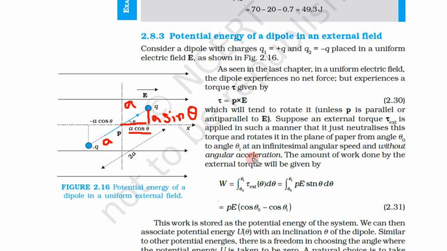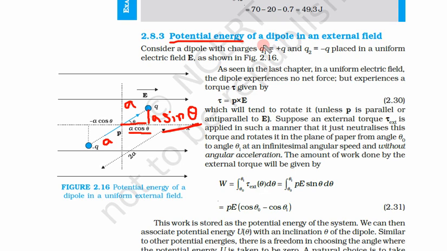If you remember, in the last derivation in chapter first, we took this a sin theta when we considered a dipole in a uniform electric field. Here we are considering a dipole in an external field, but we are calculating the potential energy of the dipole.